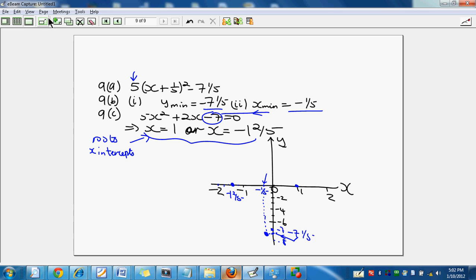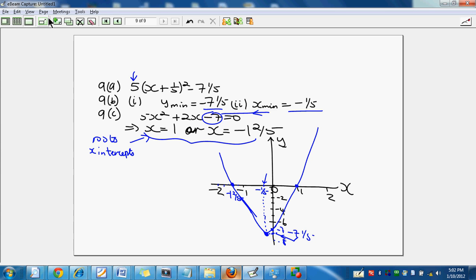So our curve must go through minus 1 and 2/5 because it's going to cut the x-axis there. It must go to a minimum value here, where x is minus 1/5 and y is equal to minus 7 and 1/5. And then it must curve up and cut the y-axis at minus 7, and then come back up on the next side and go through where x is equal to 1.